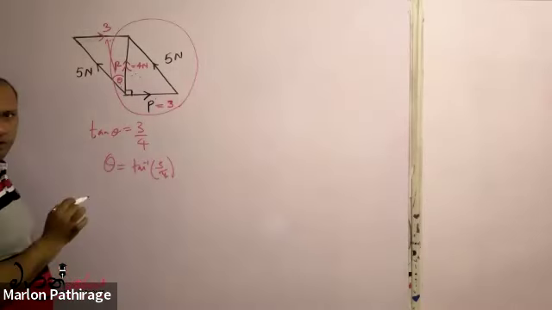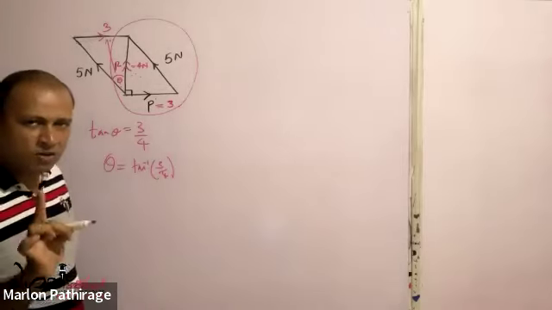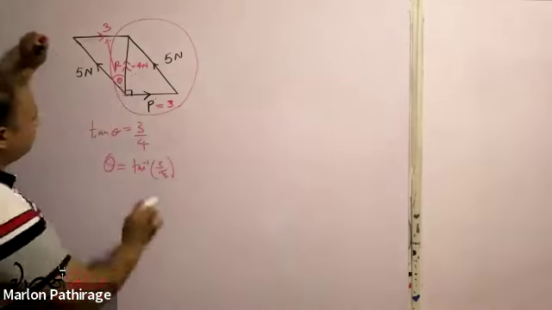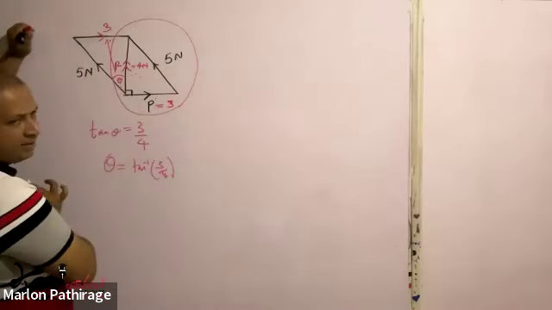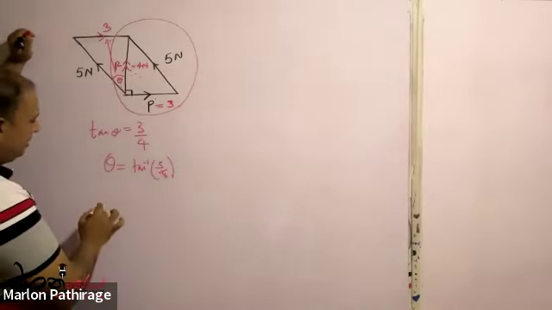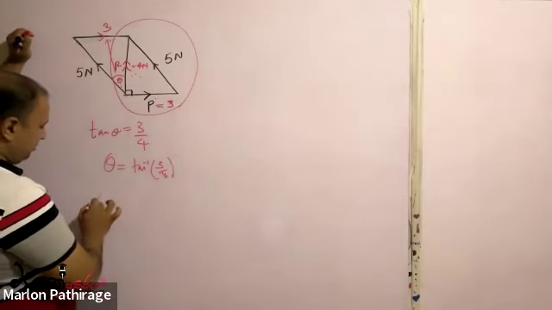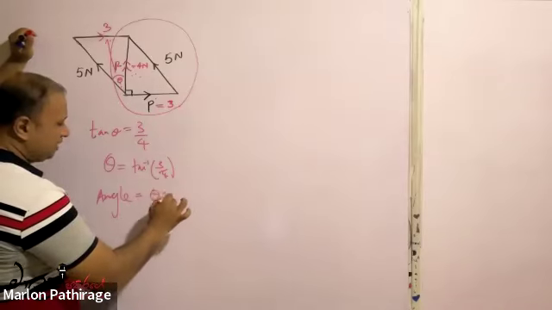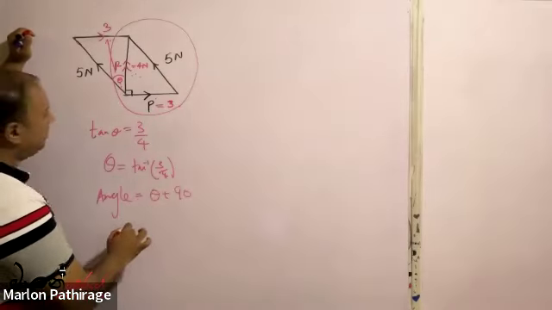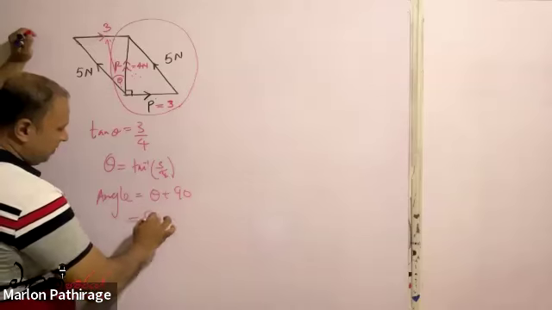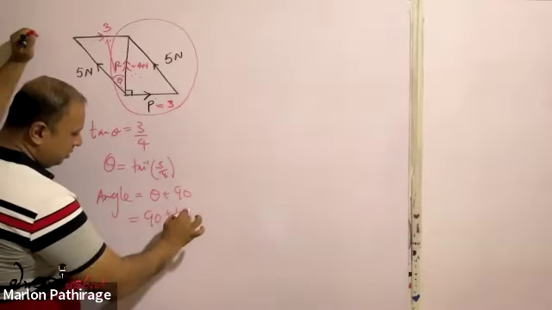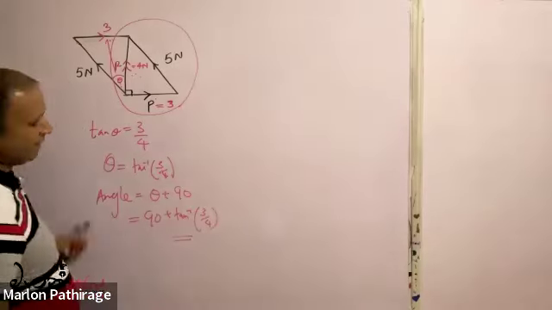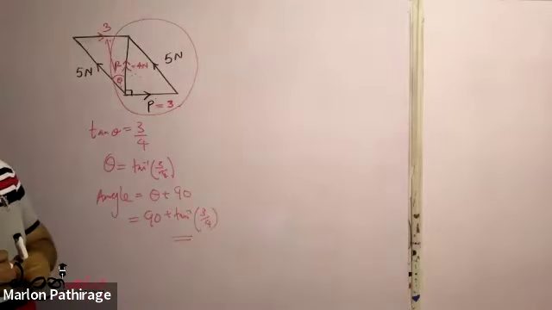This is theta, but you are asked to determine the entire angle. Therefore, the entire angle should be equal to theta plus 90, that means 90 plus tan inverse 3 over 4.